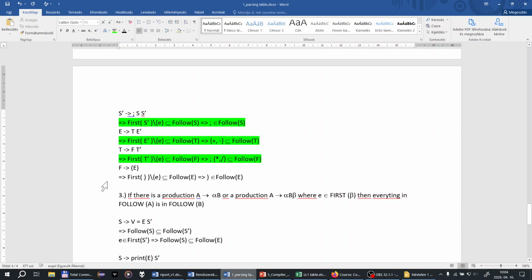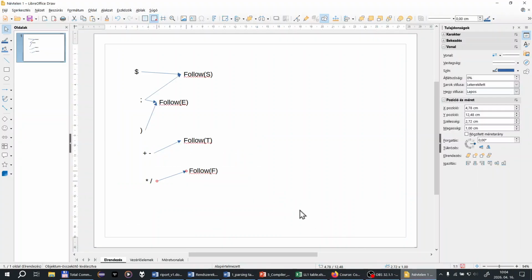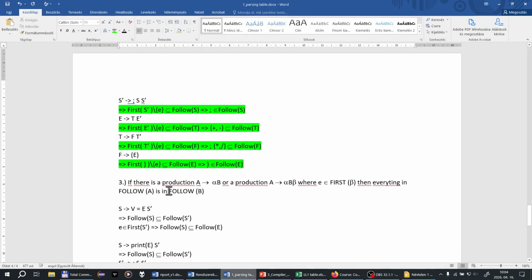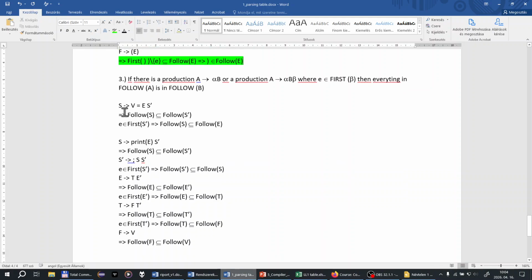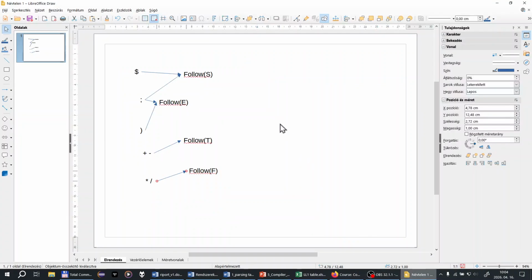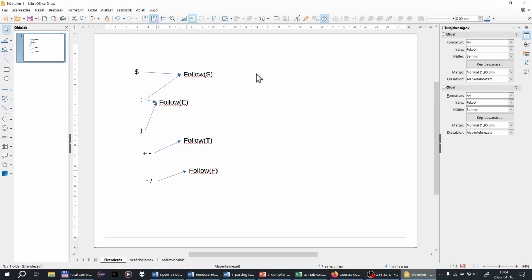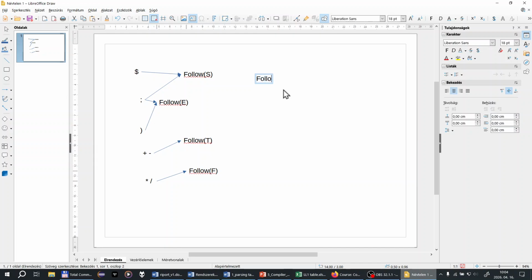And the closing bracket in follow E. You already have it. Then follow S is a subset of follow S prime. So follow S is a subset of follow S prime.